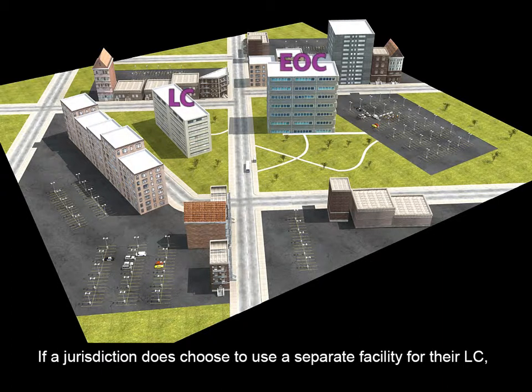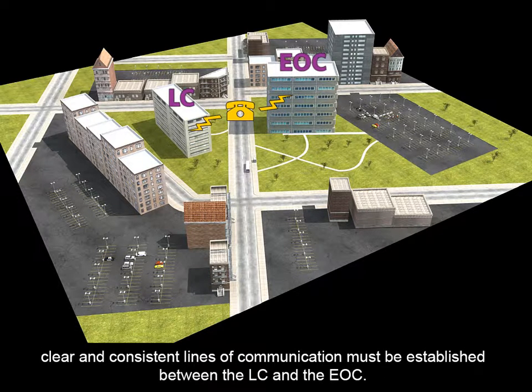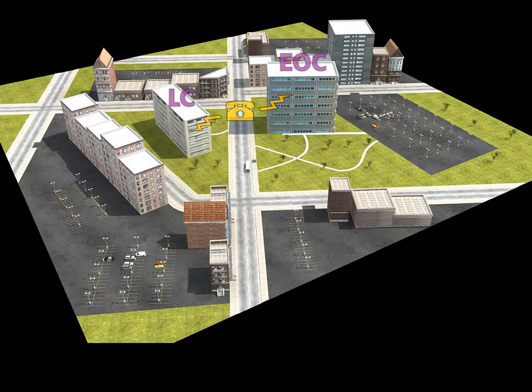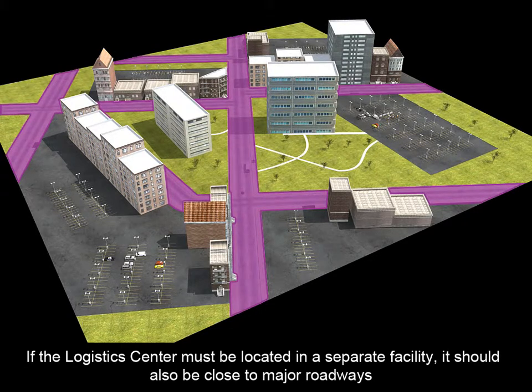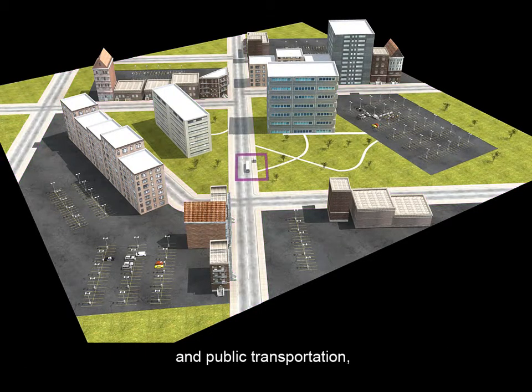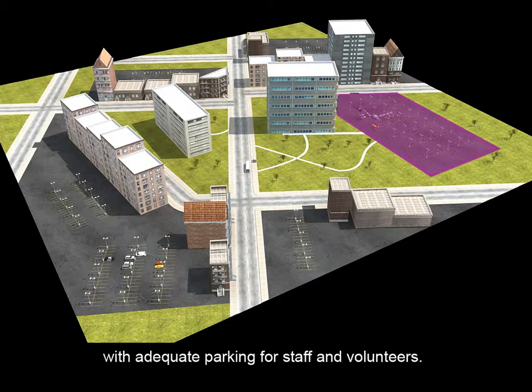If a jurisdiction does choose to use a separate facility for their LC, clear and consistent lines of communication must be established between the LC and the EOC. If the logistics center must be located in a separate facility, it should also be close to major roadways and public transportation, with adequate parking for staff and volunteers.